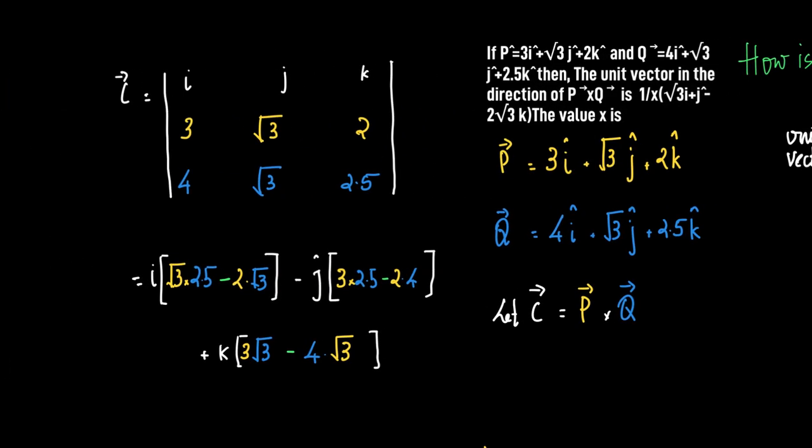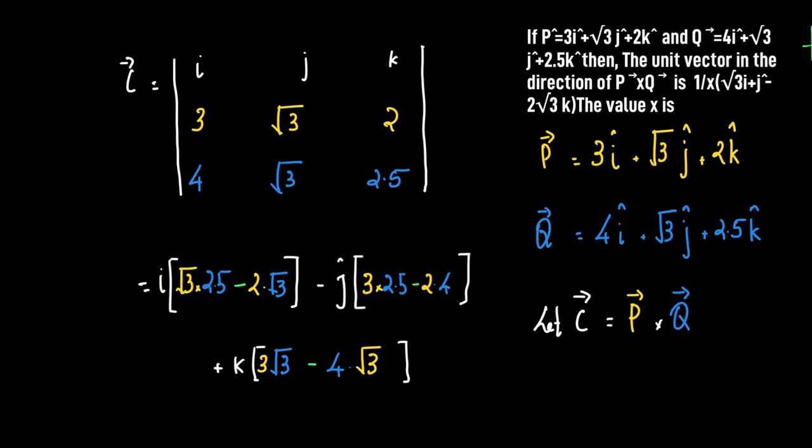Now, if this is P and Q, what is vector C? The cross product. I, J, K, P with I component 3, J component root 3, K component 2, Q 4, root 3, 2.5. How do you open this determinant?